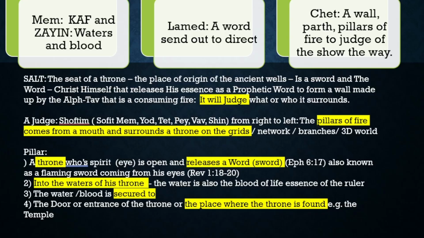Okay. So if we put that into a sentence, then salt will mean the seat of a throne, which is the place of origin of the ancient wells. It is a sword.